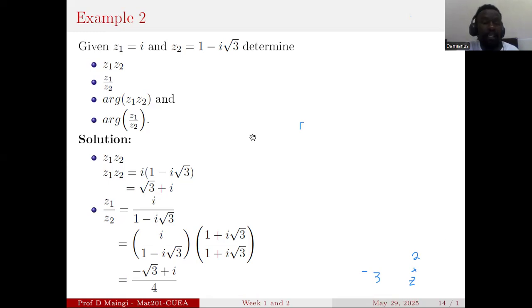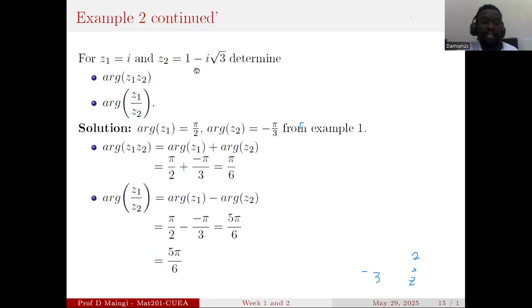Next. For z1 equals I and z2 equals 1 minus root 3, we're still working out the complex numbers. Previously we were asked to find the product and the quotient. Now we are asked to find the argument of the product and the argument of the quotient. So here there's some work to be done, which I should talk about anyway.